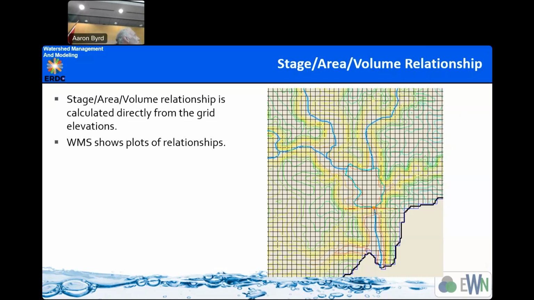You can get it from the DEM, the elevation, if you have elevation data for your reservoir. You'd have to have the definition if it's a reservoir, or just a detention basin.